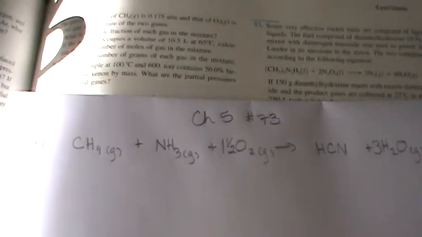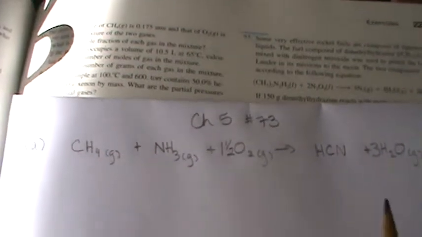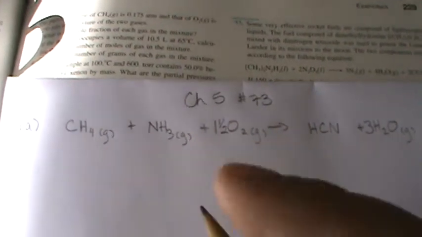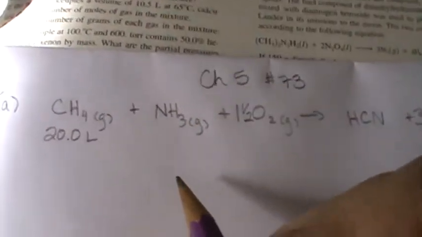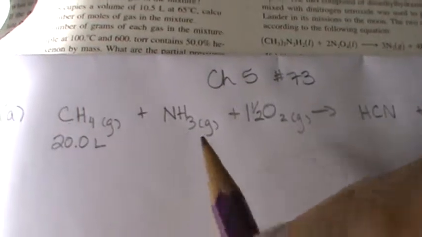It says, what volume of HCN gas can be obtained from the reaction of 20 liters of CH4 and 20 liters of each one, basically.